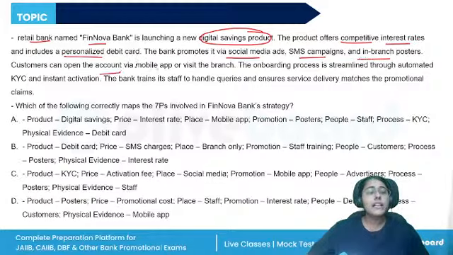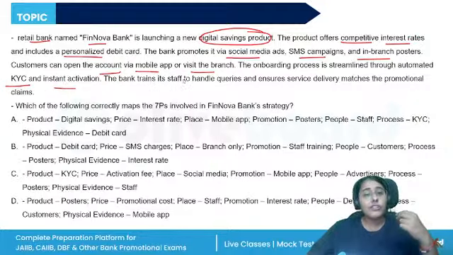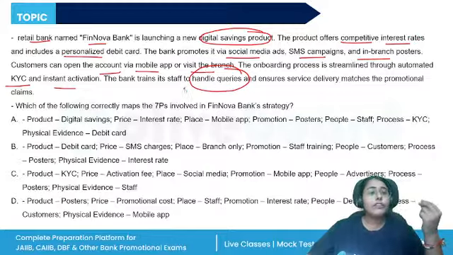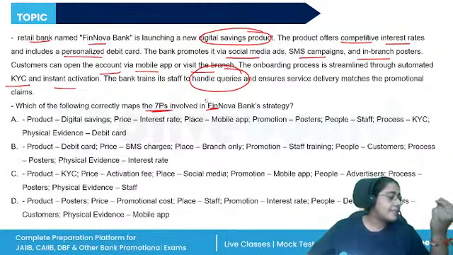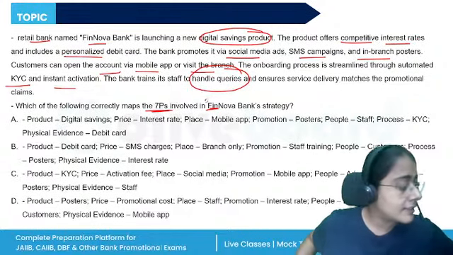Customers can open the account via mobile app or visit the branch. The onboarding process is streamlined through automated KYC and instant activation. The bank is also training its staff to handle queries. Which of the following correctly maps the 7 P's involved in the bank's strategy?